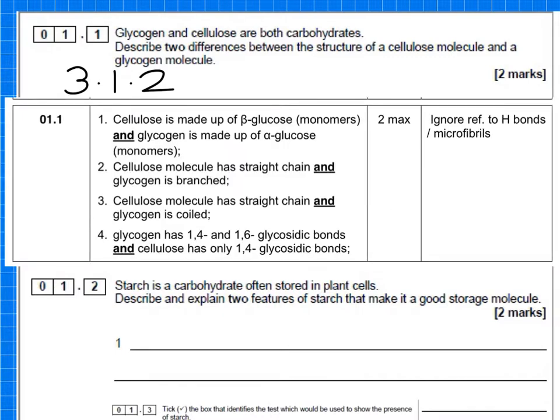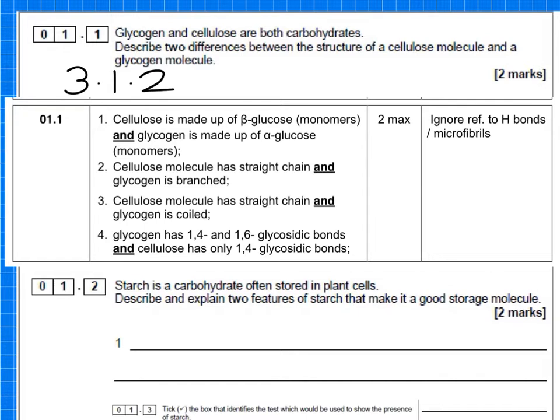So the possible answers here: cellulose is made of beta glucose and glycogen is made of alpha glucose. Second point, cellulose molecules have a straight chain and glycogen is branched. Thirdly, cellulose has straight chains and glycogen is coiled.